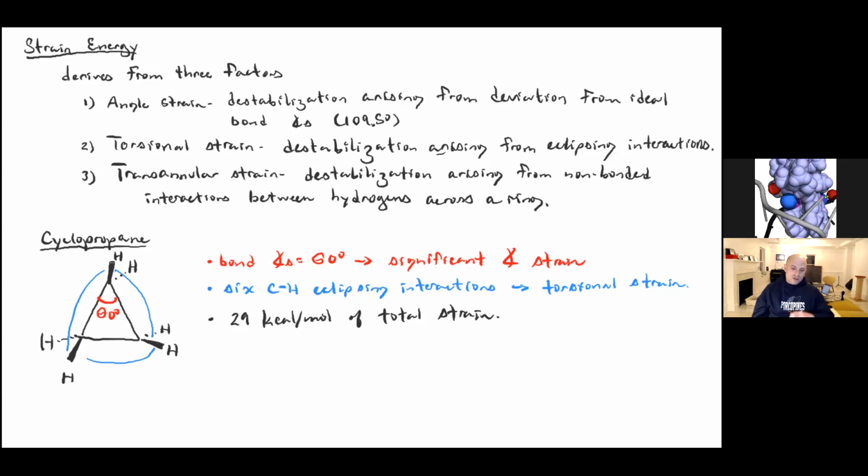But where we're going to spend most of our time, because it's the most important, is cyclohexane itself. So let me draw that on the next page here. And so, to a first approximation, you might imagine that cyclohexane is going to be planar.